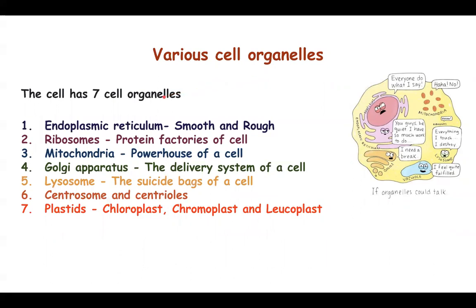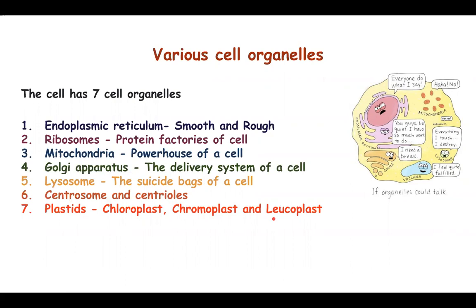So there are 7 cell organelles: the endoplasmic reticulum, which can be both smooth and rough; the ribosomes, which are the protein factories of a cell; the mitochondria, or the powerhouse of a cell; the Golgi apparatus, the delivery system of a cell; the lysosome, the suicide bags of a cell; and the centrosome and centrioles, which are found in the animal cell; the plastids found only in the plant cells, which are of 3 types: chloroplasts, chromoplasts, and leucoplasts.